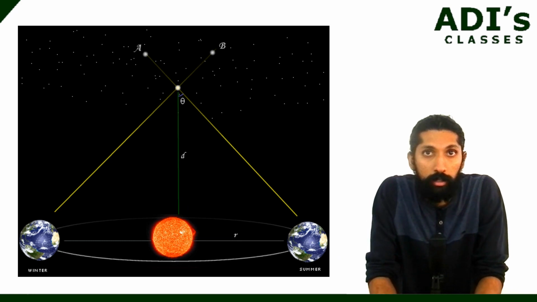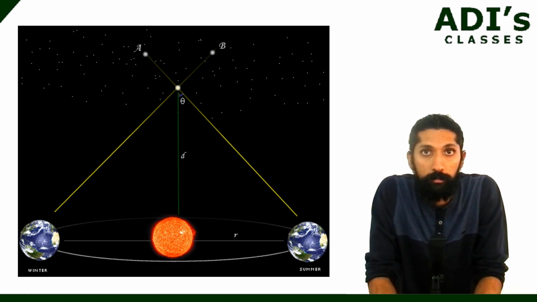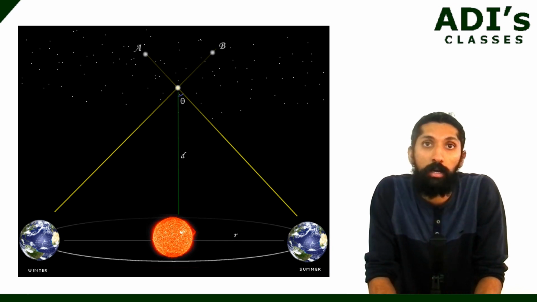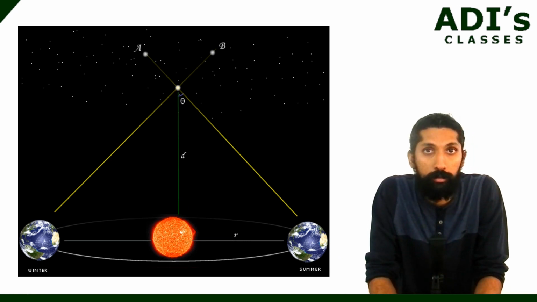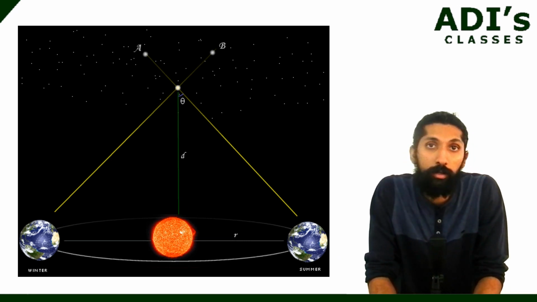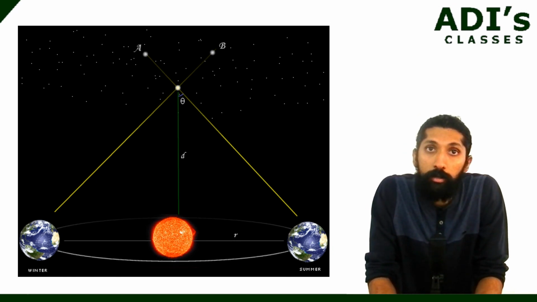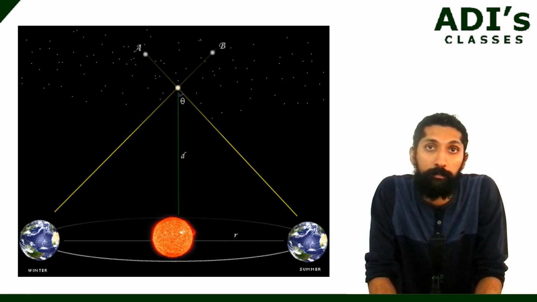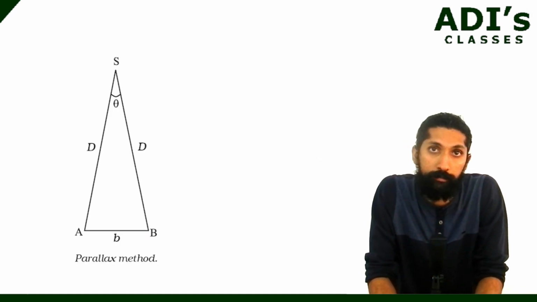You can take right or left, any one of them. If you take the left one, see what you are measuring. And the same star, you come towards the right side and you measure. See the angle that you get? We make use of trigonometry and you figure out the distance with the help of that angle. This is what we call the parallax method.